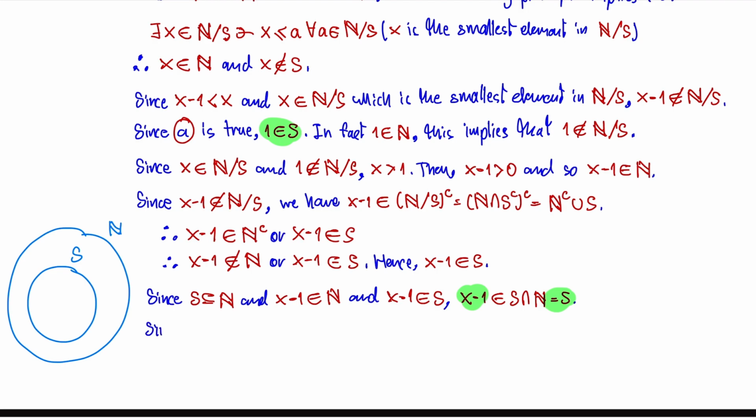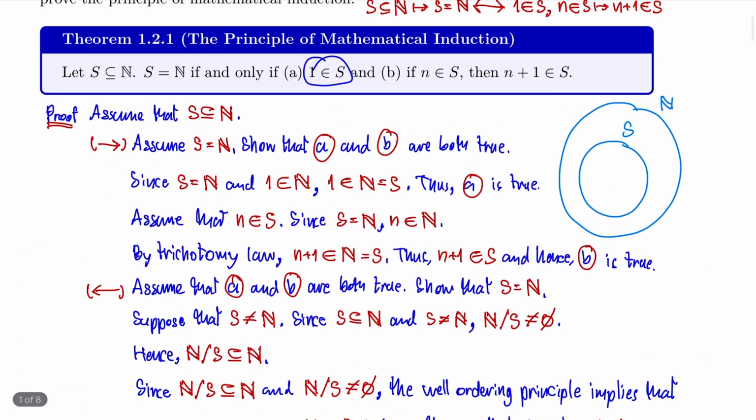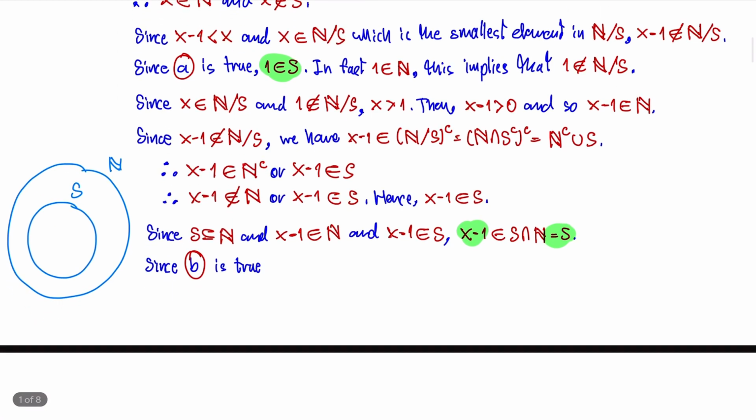So since B, what does it say? Because B is true, it is up here. If you have an element in set S and you add 1 to it, it will be in set S. So now B is true and we have X minus 1 in set S.